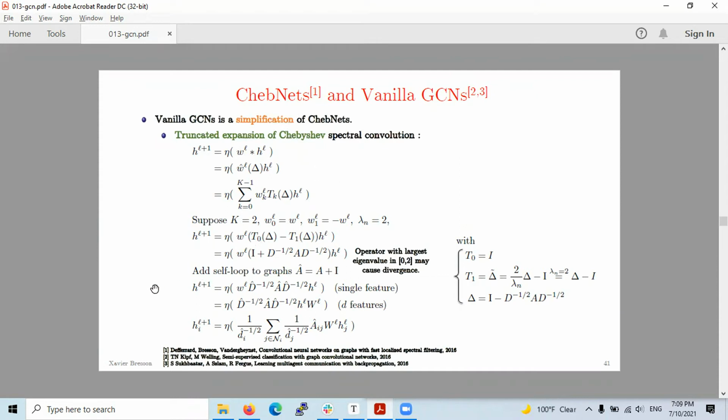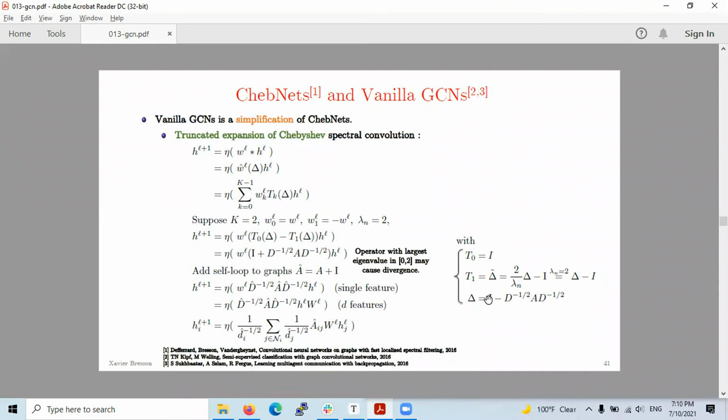One thing to notice here is that on the right side it says width. If you notice, the Laplacian is defined as 1 minus D to the power minus half, A, D to the power minus half. This is actually the formula for a normalized Laplacian. Laplacian is just A minus D or D minus A, one of the two.